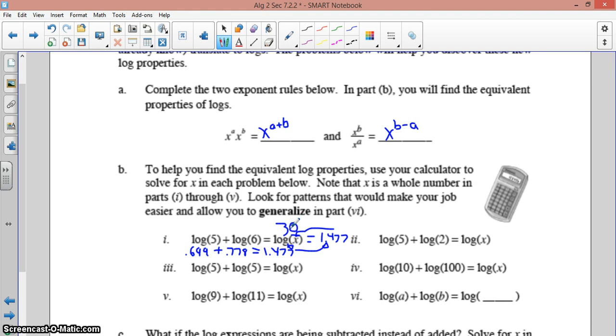So we're trying to see if there's a pattern here. Maybe you've seen it, maybe not. If not, let's just do one more quickly. Number 2 over here, we'll do log of 5 again, and that log of 5 is again 0.699. We're going to add to that log of 2, and log of 2 is 0.301.